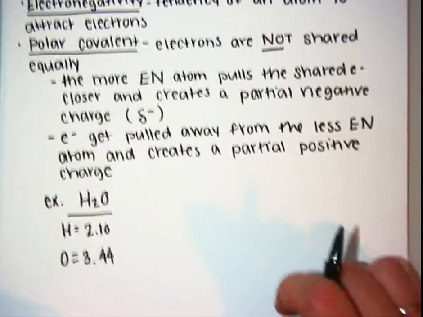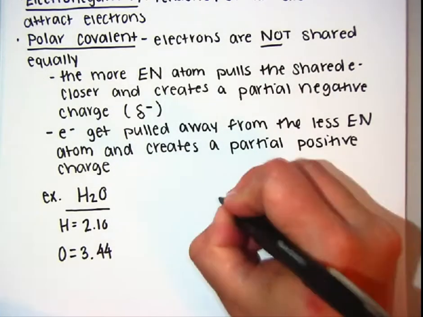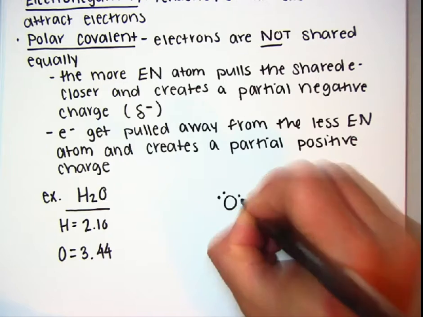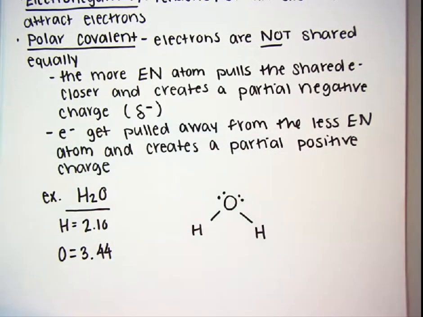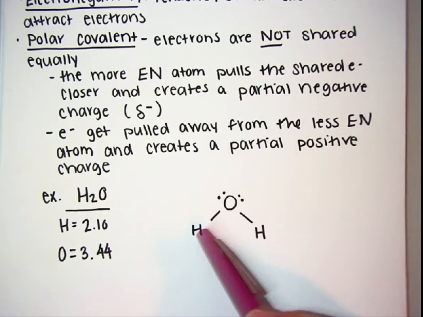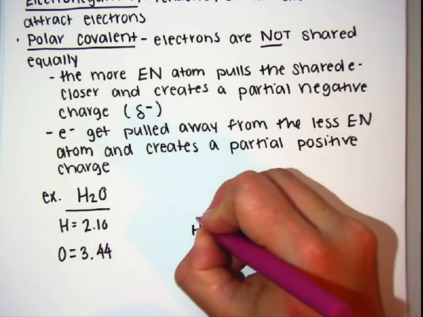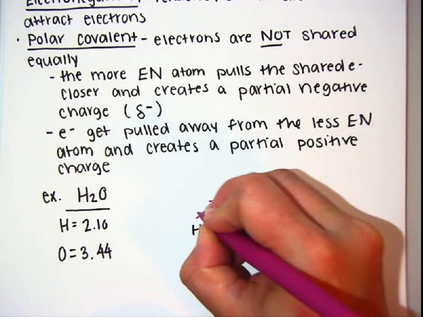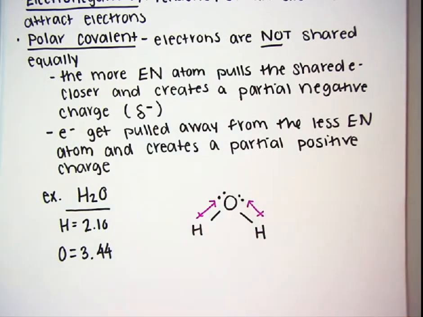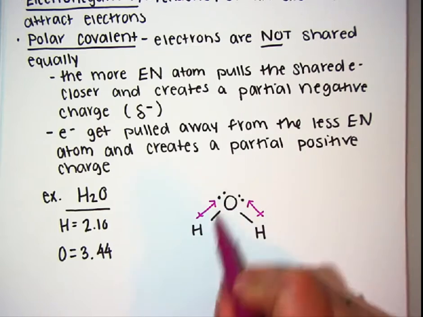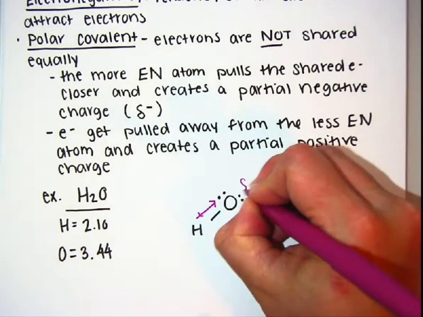So I can draw a Lewis structure for water. It is bent. And we can see that oxygen is more electronegative. So these electrons are going to be shared, but those electrons are going to be pulled closer to oxygen.